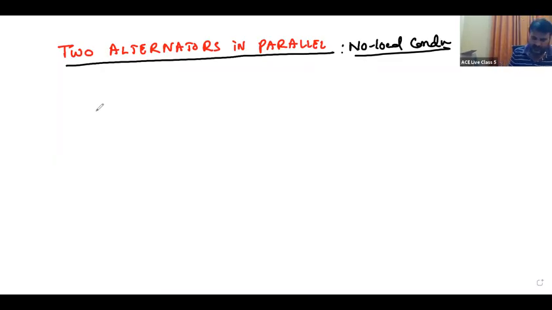These are the two alternators connected in parallel. This is alternator 1, and this is another alternator connected in parallel.